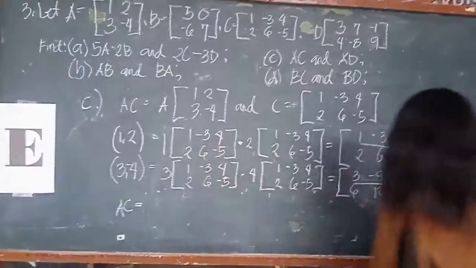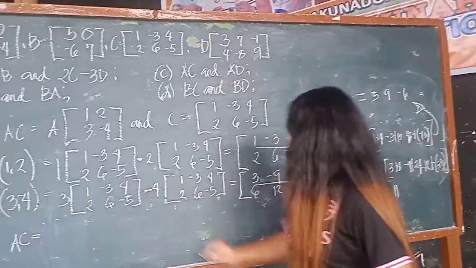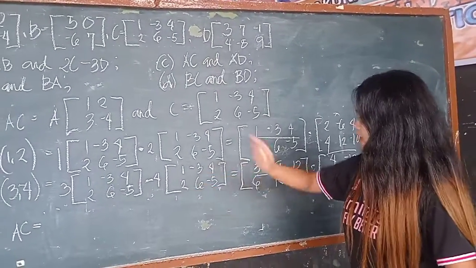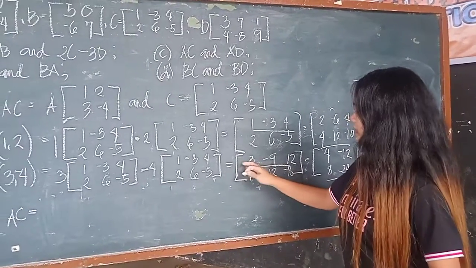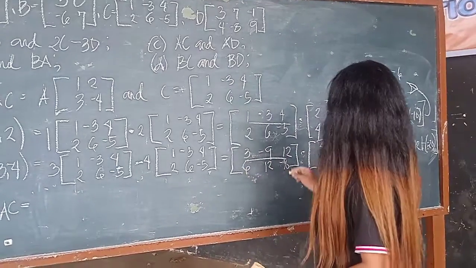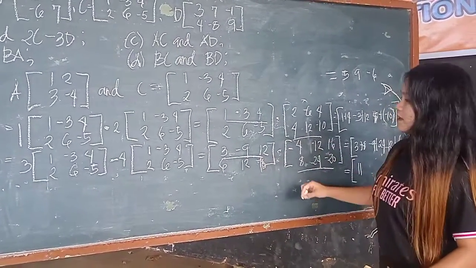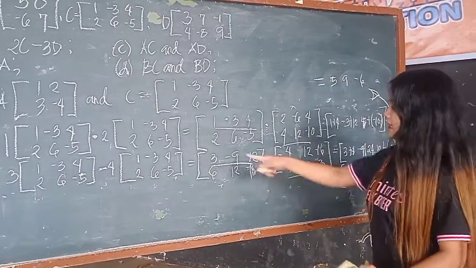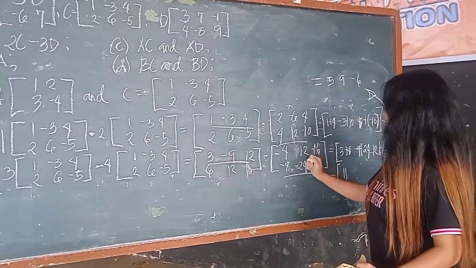So negative 4 times 1 equals negative 4, positive 12, then negative 4 times 4 is negative 16, then negative 8, negative 24, then positive 20.